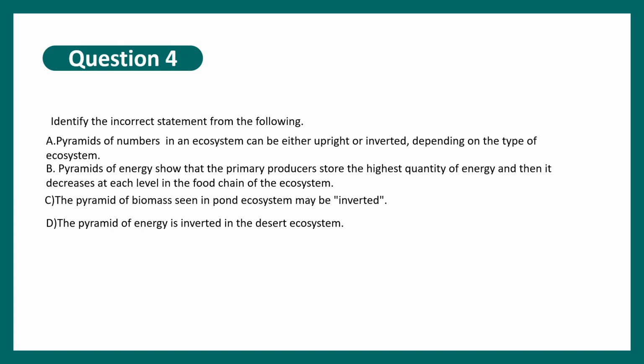The pyramid of biomass seen in the pond ecosystem may be inverted. The pyramid of energy is inverted in case of desert ecosystem. This is from ecology, and this requires knowledge from the class 12 NCERT book. If you have guessed it correctly, the correct answer would be the last option, because the pyramid of energy could never be inverted.